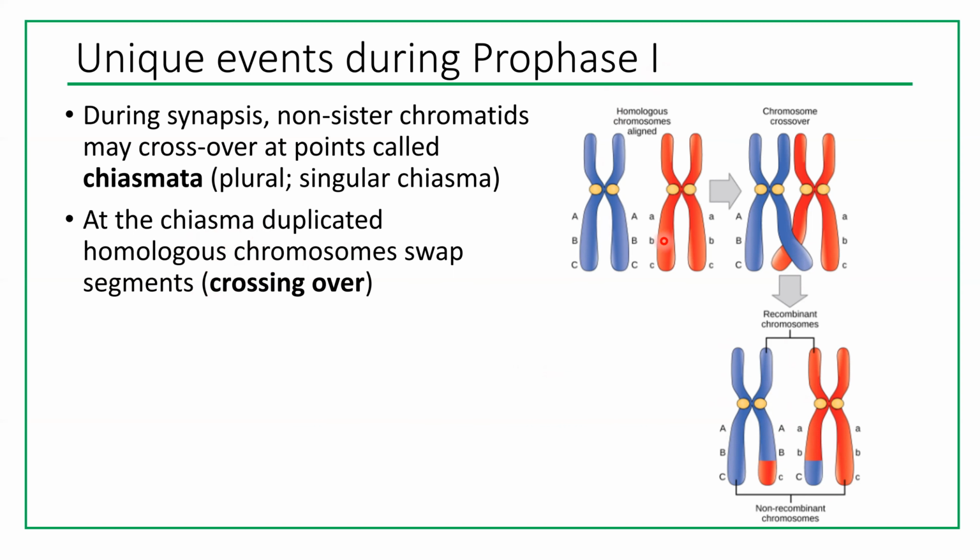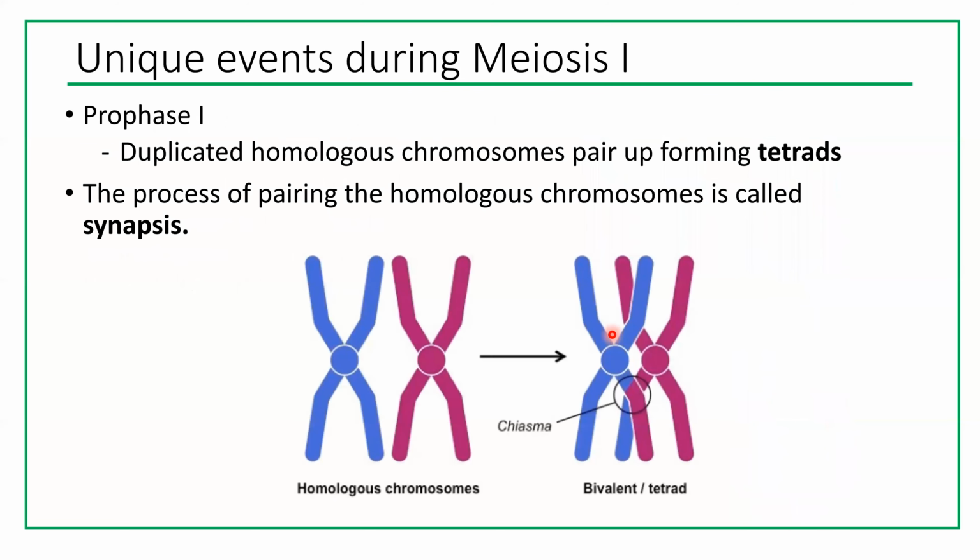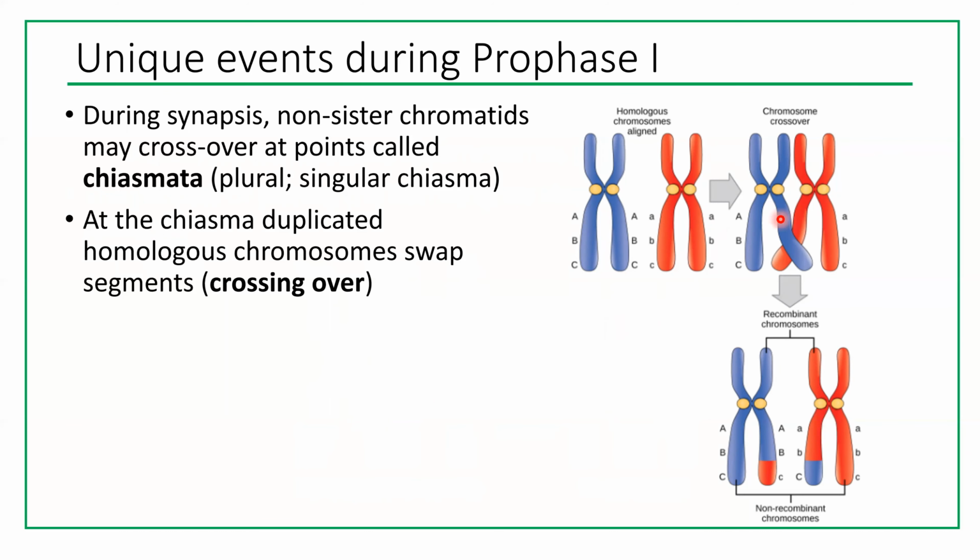So homologous chromosomes come together forming tetrads. When they come together, it's called synapsis. So they synapse, forming tetrads. Then they cross over, forming chiasma, and they can switch fragments. Then you end up with recombinant chromosomes and some non-recombinant chromosomes.